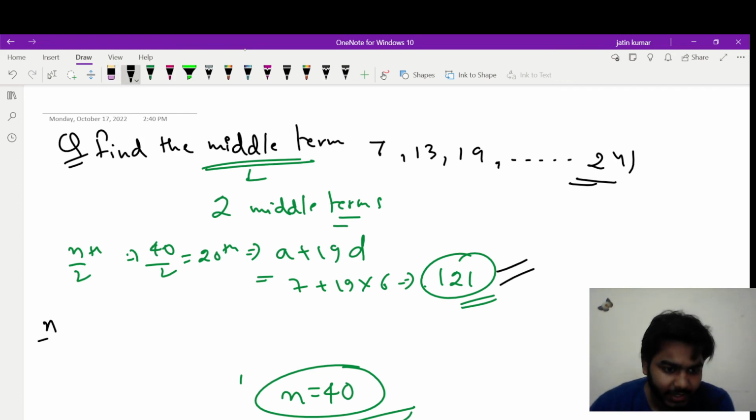Now I have to find the n by 2th plus 1 term. So n by 2th is 20, so the 21st term you need to find.